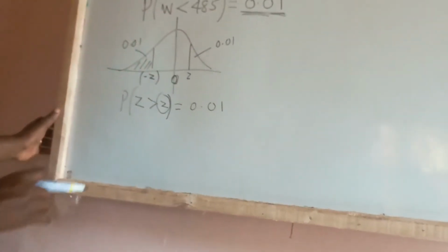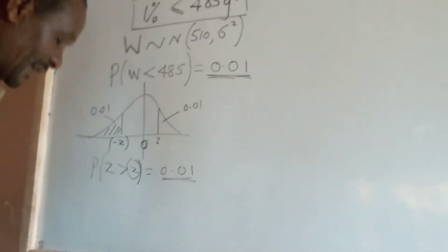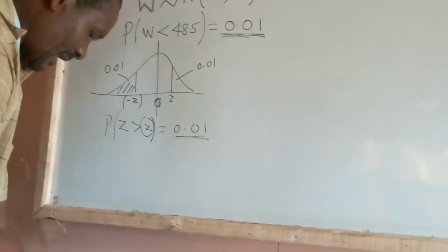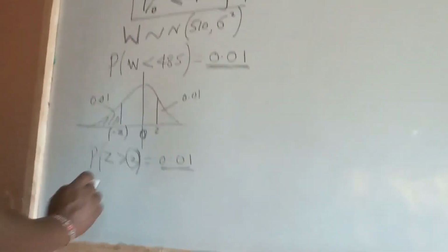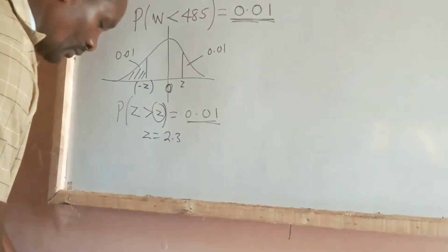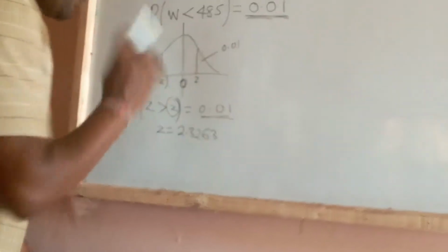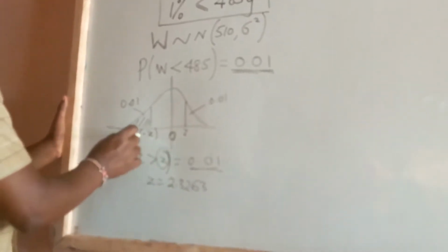And what is that z? Because this one looks very conspicuous, we just go directly to the percentage table. 0.01, yes, we have it. And the boundary is 2.3263. So our z is 2.3263. But remember, the purpose of this model is to show us that whatever z is going to be negative.